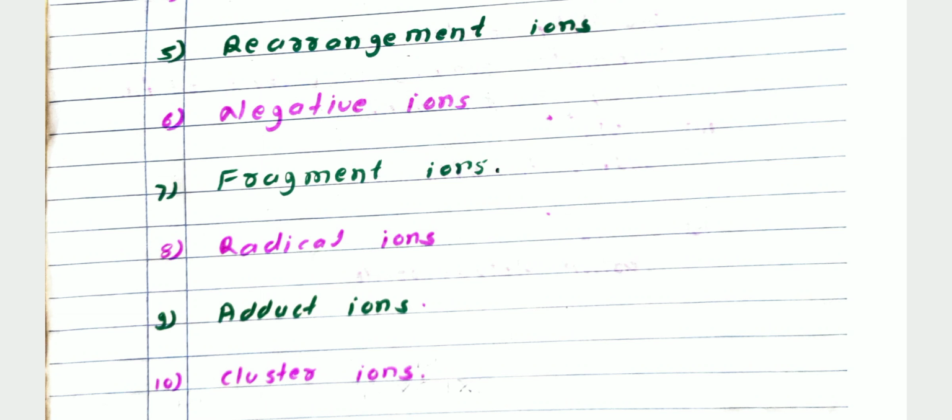Then again I am explaining the radical ion. A radical ion may be a cation or anion having an unpaired odd electron, so it is an ion as well as a radical. In BSc first year you studied homolytic fission and heterolytic fission. In homolytic fission, suppose A and B form a molecule by sharing an electron pair. If homolytic fission occurs, then A acquires one electron and B acquires one electron, forming radicals.